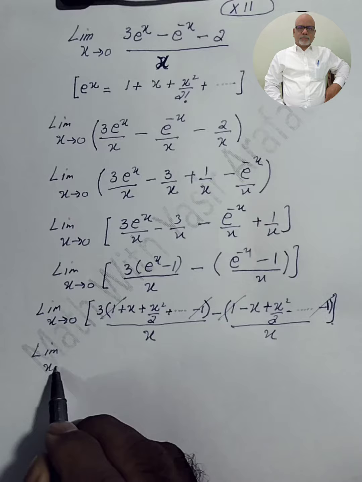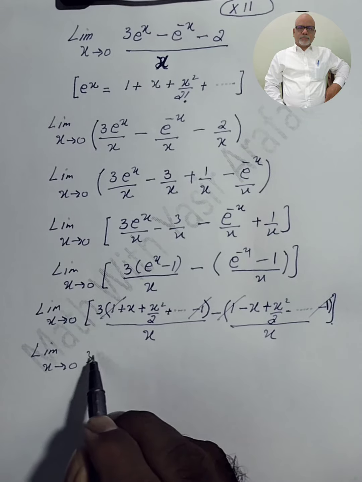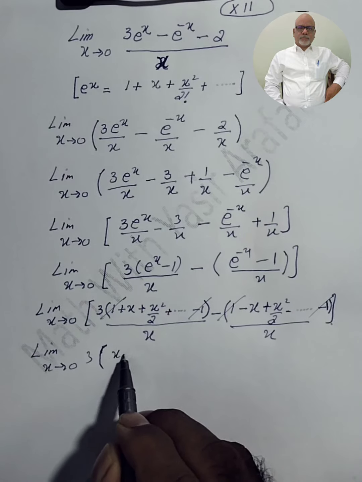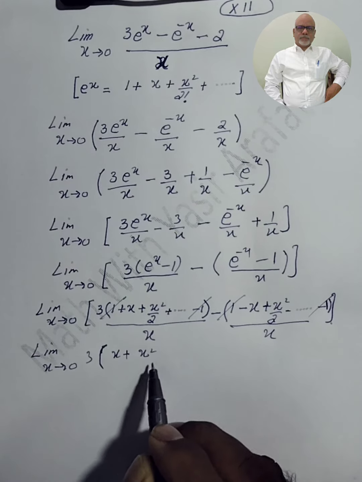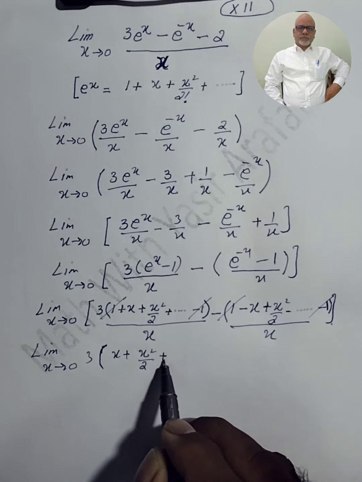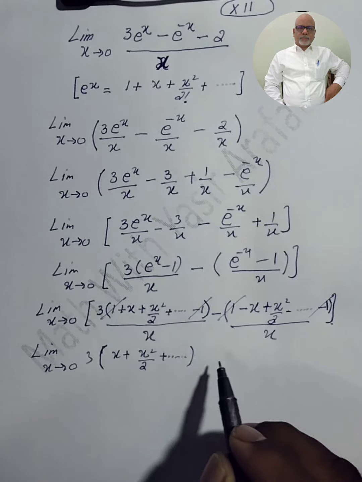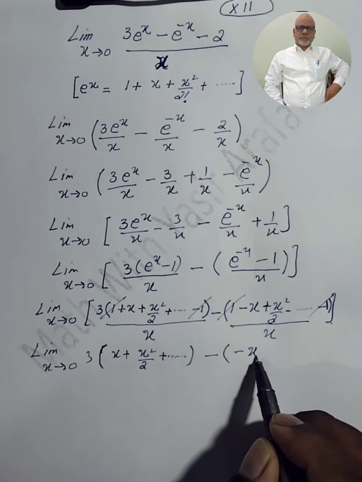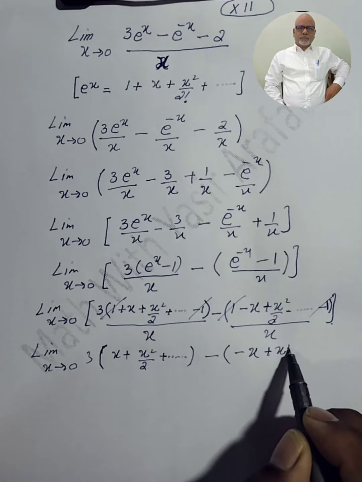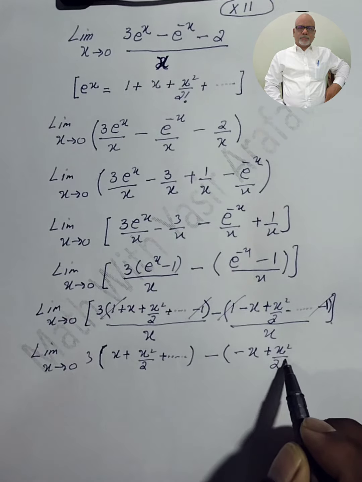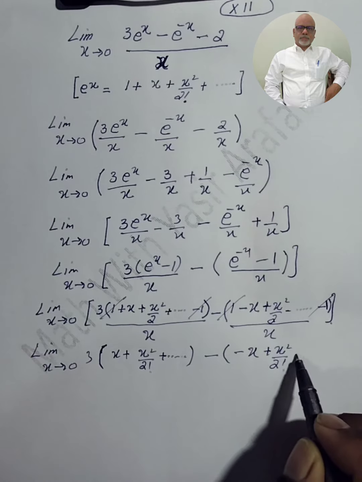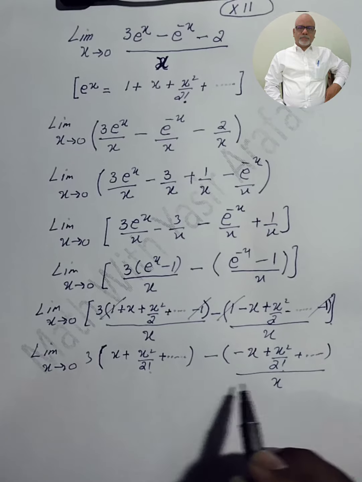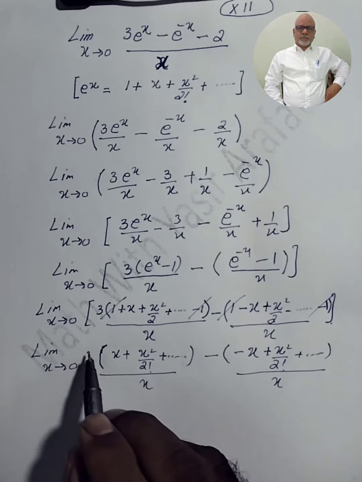So limit x tends to 0, 3 times (x plus x square upon 2 factorial and so on, minus 1), and then minus (minus x plus x square upon 2 factorial and so on), whole divided by x here and x here.